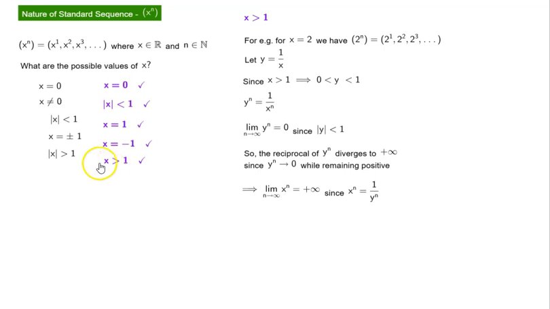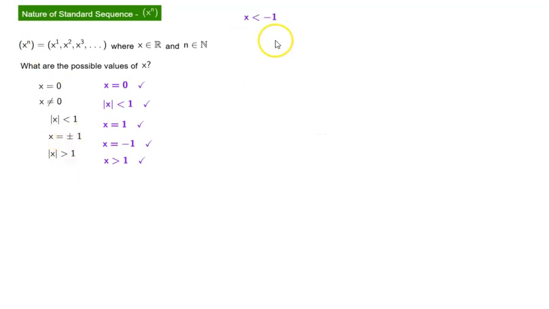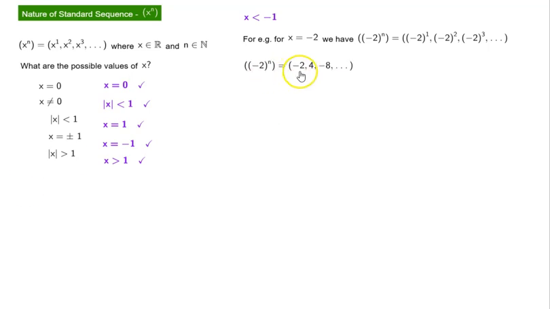Now, we have to look at the last case. That is, x is less than minus 1. Again, for example, if x equal to minus 2, we have minus 2 to the power of n is equal to minus 2 to the power of 1, minus 2 square, minus 2 cube, and so on, which basically gives us minus 2, 4, minus 8, and so on.